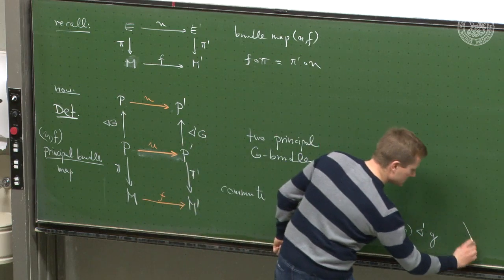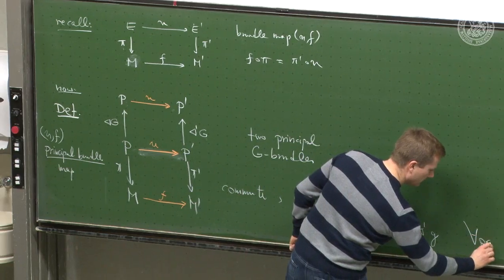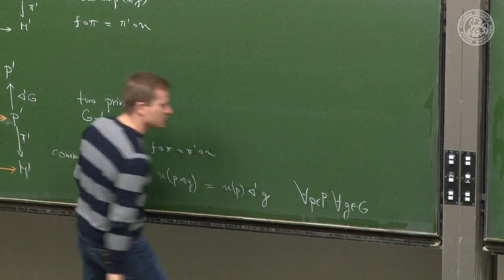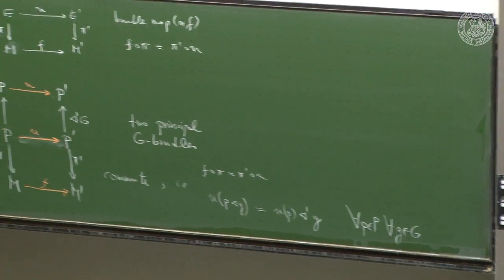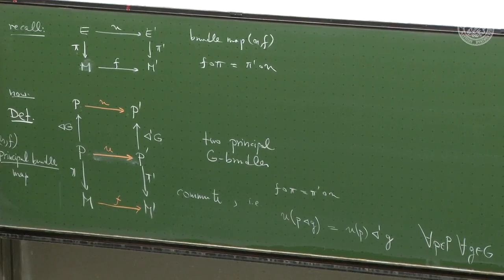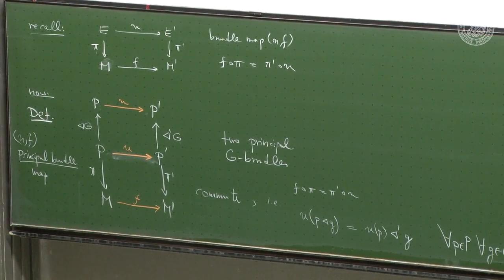So obviously this is supposed to hold for all P in the total space and for all g in G. That's it. That's a principal bundle map.